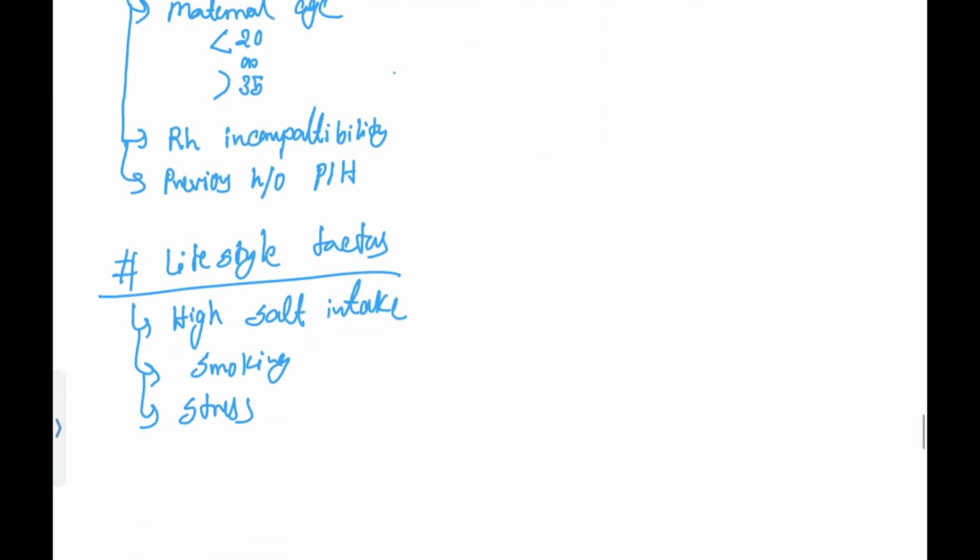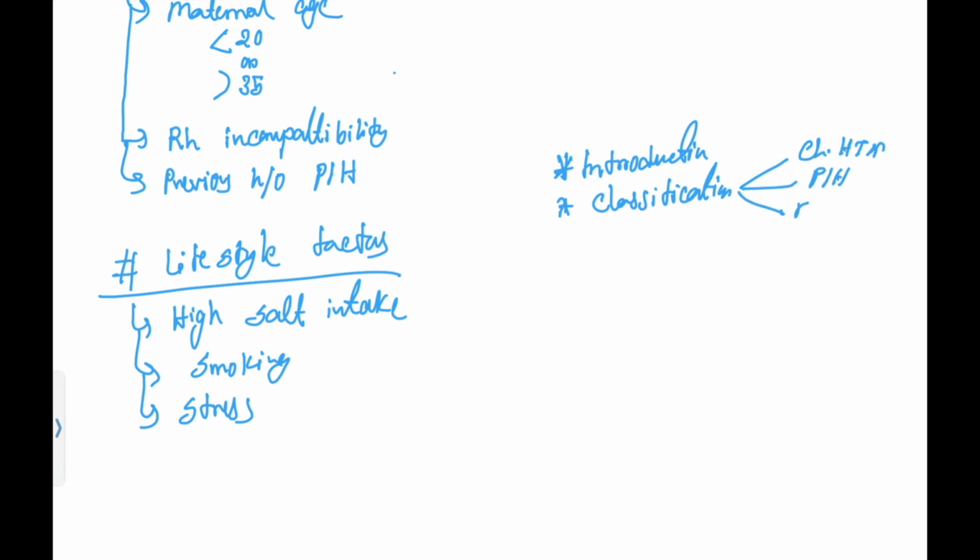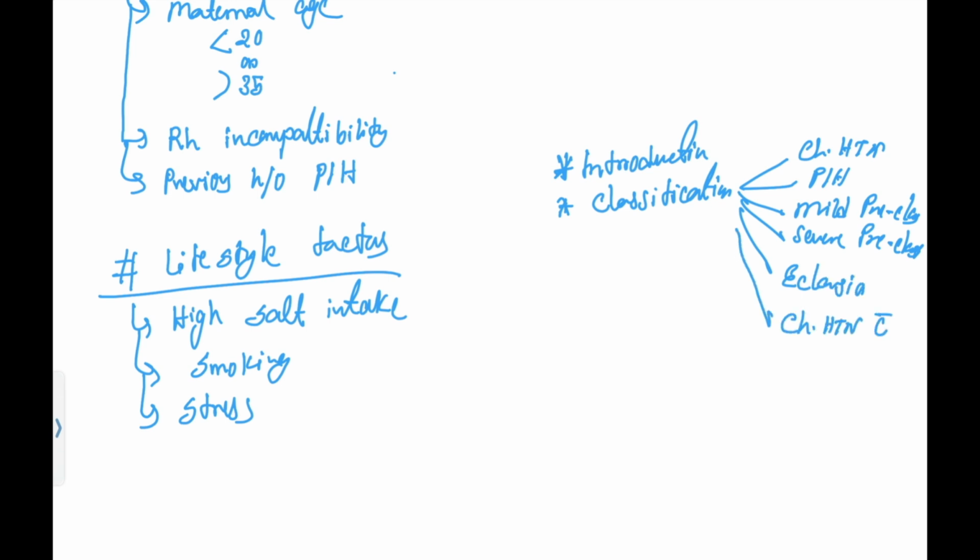So today we discussed the introduction, and we discussed the classifications in detail. Okay, classifications will be chronic hypertension, then PIH, then mild preeclampsia, severe preeclampsia, eclampsia, and the last one, chronic hypertension with superimposed preeclampsia.